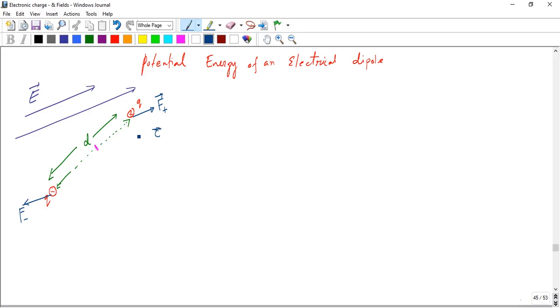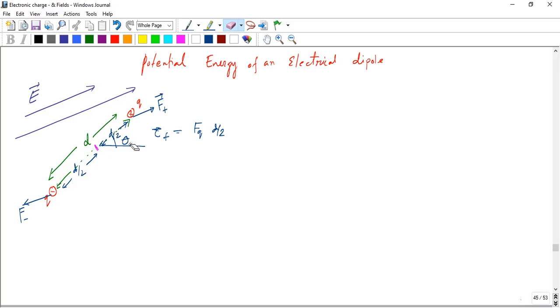on this side is at a distance d by 2, and on the other side also d by 2 from the dipole center. The torque of the plus Q charge is the force F on the plus Q charge times the d by 2 displacement, and there is the angle also.